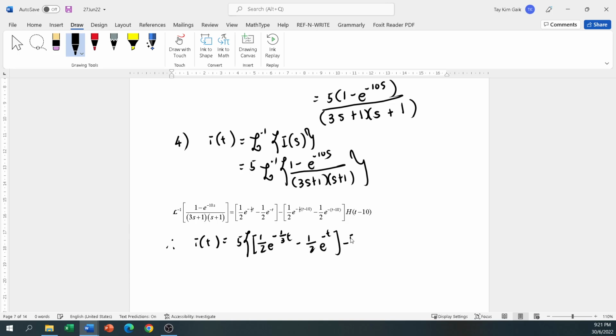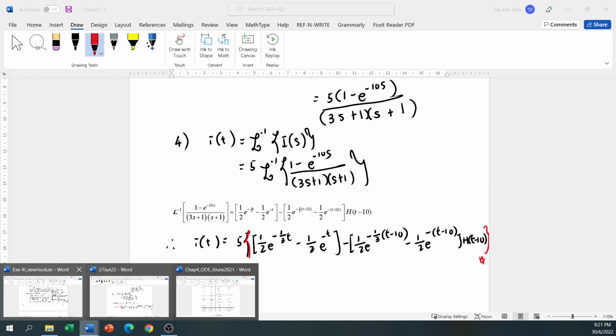So minus half exponent negative (t minus 10), h(t minus 10), in the curly bracket. Or else you multiply 5 to each term. So this is the answer for question 6b.